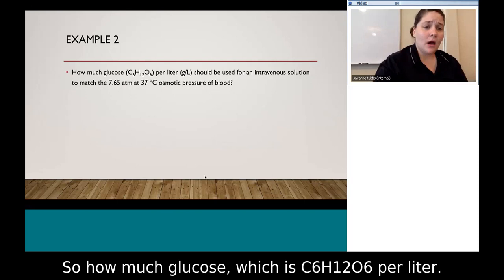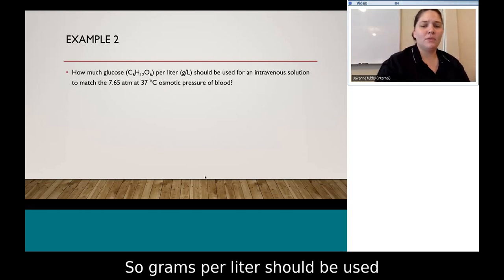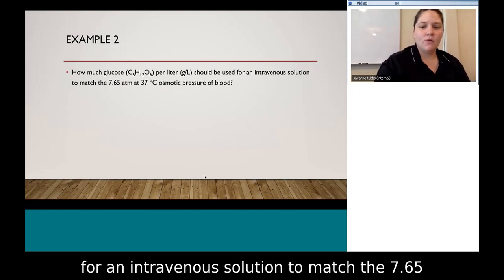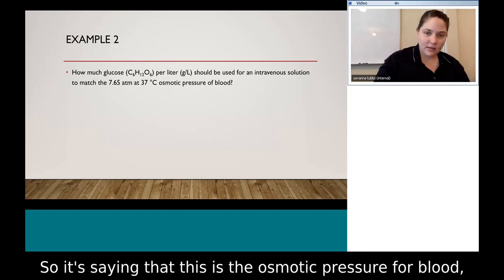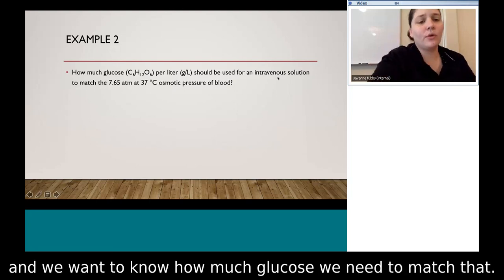So how much glucose, which is C6H12O6, per liter, so grams per liter, should be used for an intravenous solution to match the 7.65 atm at 37 degrees Celsius osmotic pressure of blood. So it's saying that this is the osmotic pressure for blood. And we want to know how much glucose we need to match that.